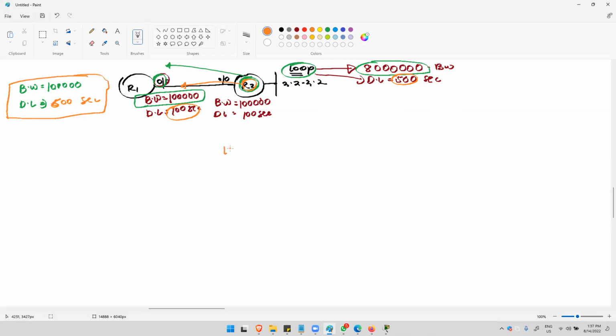We have the bandwidth and delay. Now use the formula: 10 power 7 upon bandwidth. Bandwidth is 1 lakh, so 10 power 5. Multiplying 10 power 7 by 10 power 5 leaves 10 power 2, which is 100. Then 100 into 256 is 25600.